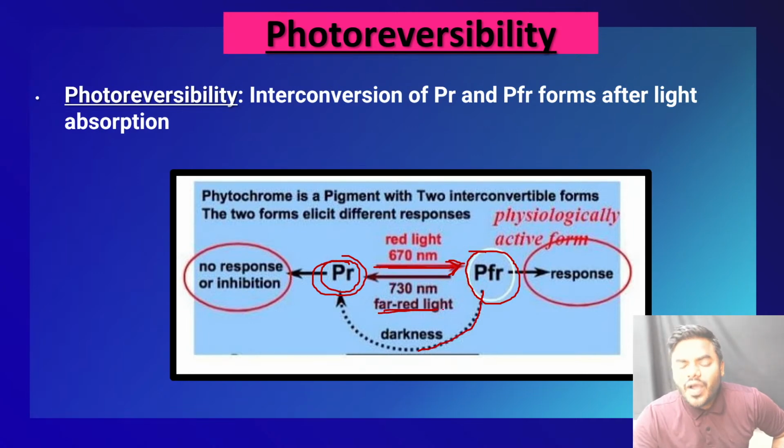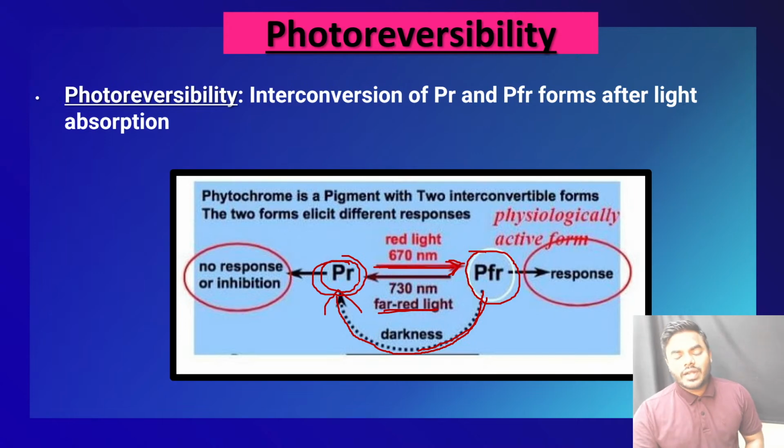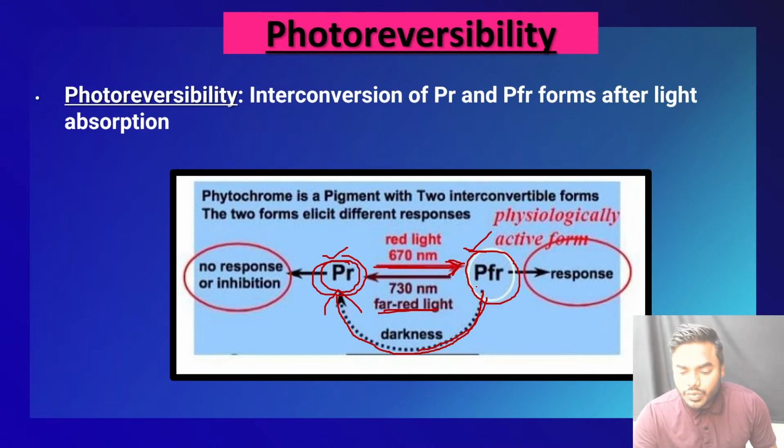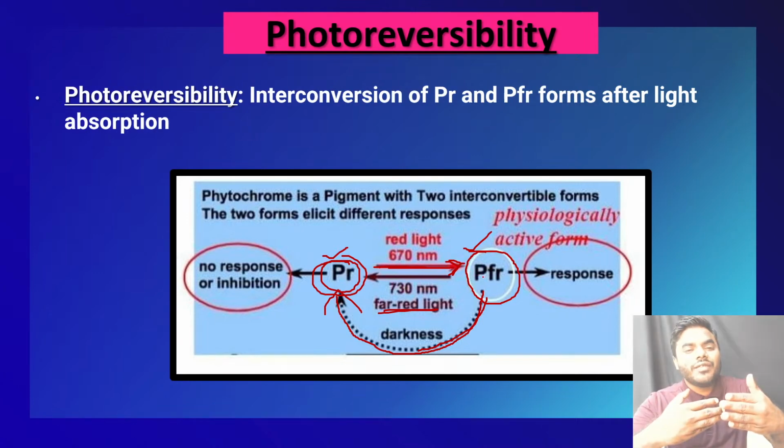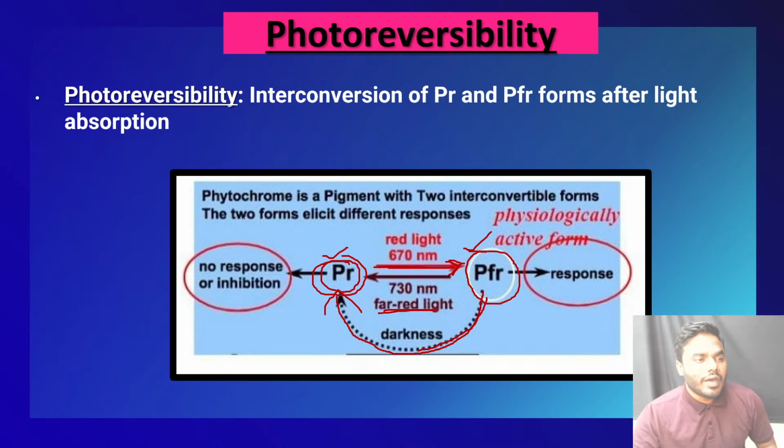Upon absorbing the far red light, it is converted into the PR form. So that's why both the PR form and PFR form are interconvertible to each other. This interconvertible phenomenon we call photoreversibility. Please do not forget this point, the point of photoreversibility.